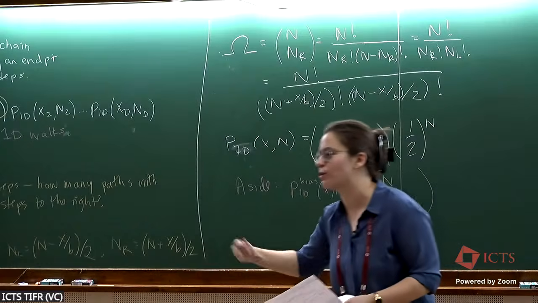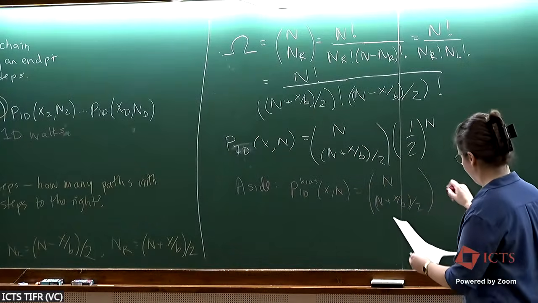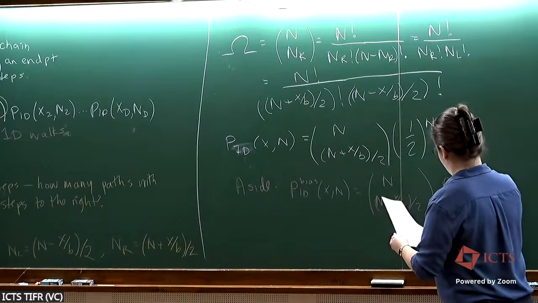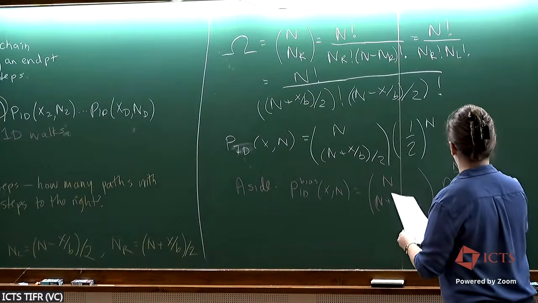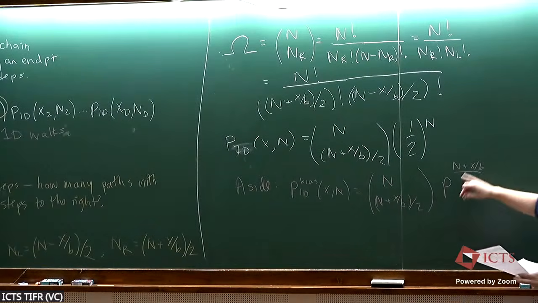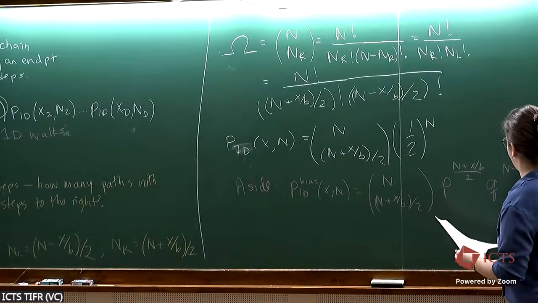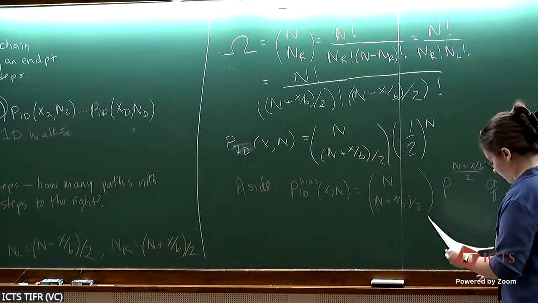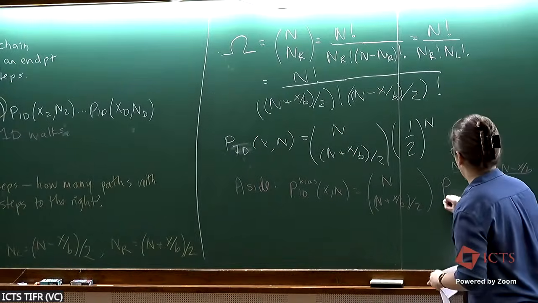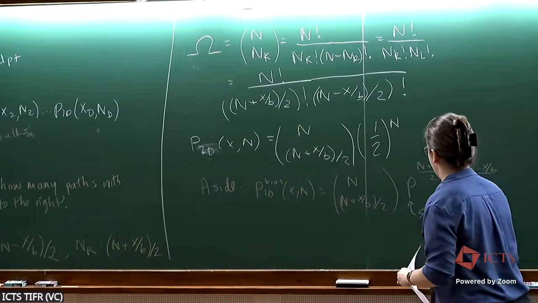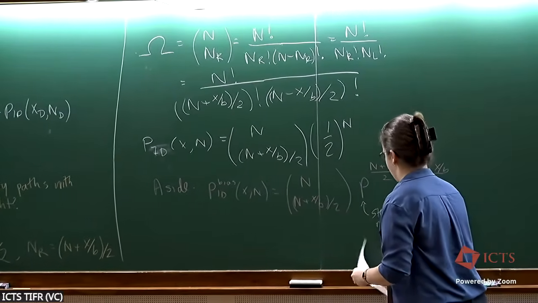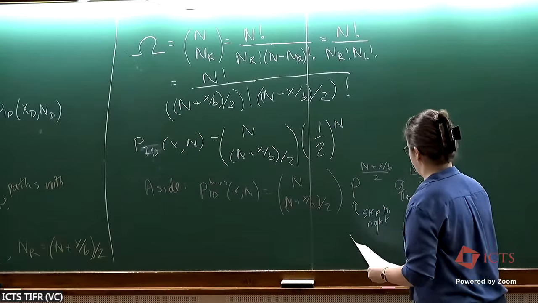Instead, we would be weighting every single step according to the probability that we take it. So we would have p to the (n plus x over b) over 2. This is p to the n_R, the probability of taking n_R steps to the right. And then q would be another probability to the (n minus x over b) over 2. This would be a step to the right, and this would be a step to the left.